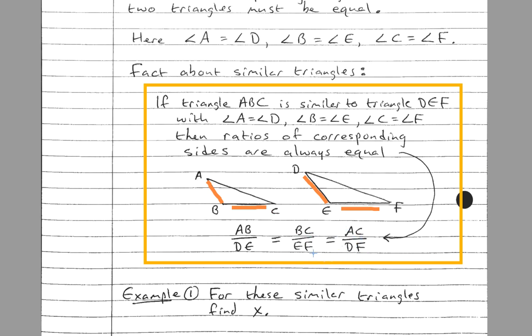And that ratio is also equal to AC, that length, over DF. So we're talking about the lengths of these sides. So the length of AB, this number divided by the length of DE is equal to these numbers, these fractions.